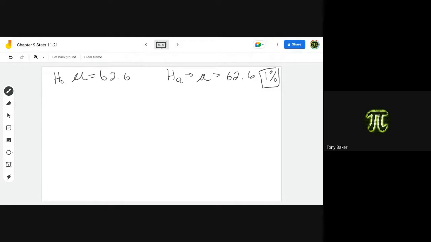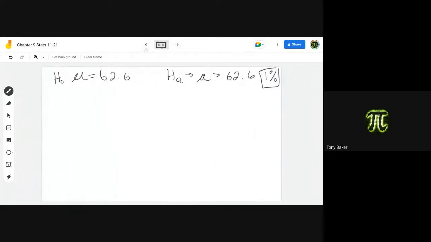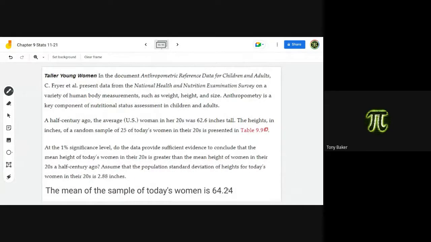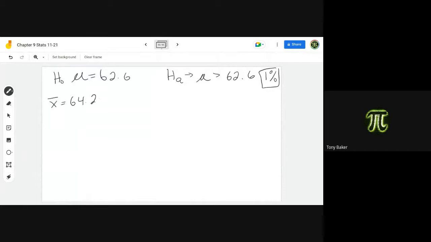All right. So we now basically have to figure out my z-score, right? So I know my mean of my data was, I gave that to you, down here at 64.24. I have my hypothesized mean at 62.6.